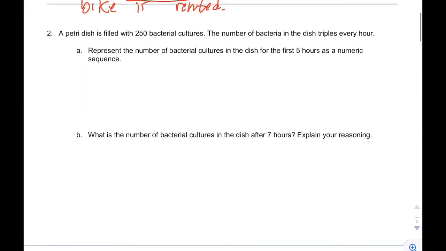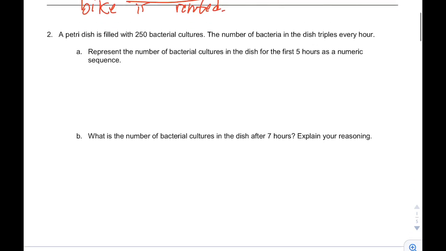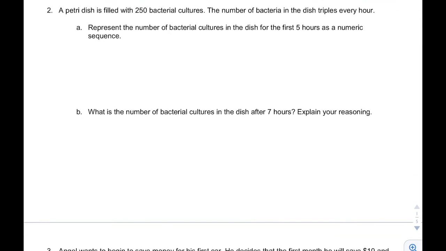All right, number 2. We have a petri dish is filled with 250 bacteria cultures. The number of bacteria in the dish triples every hour. Represent the number of bacterial cultures in the dish for the first 5 hours as a numeric sequence. Well, let me draw a little picture over here. You don't have to draw this on yours. But let's say in the first hour we have this one little guy.